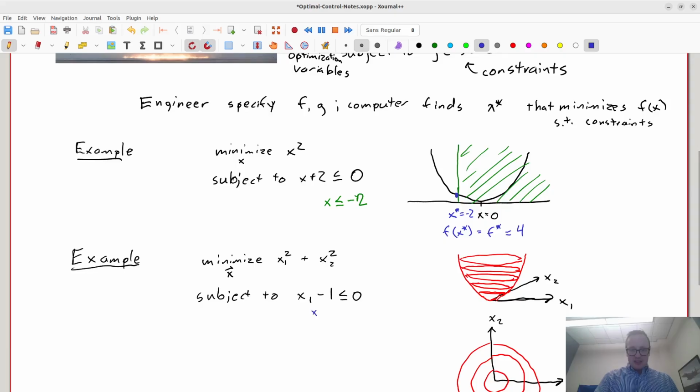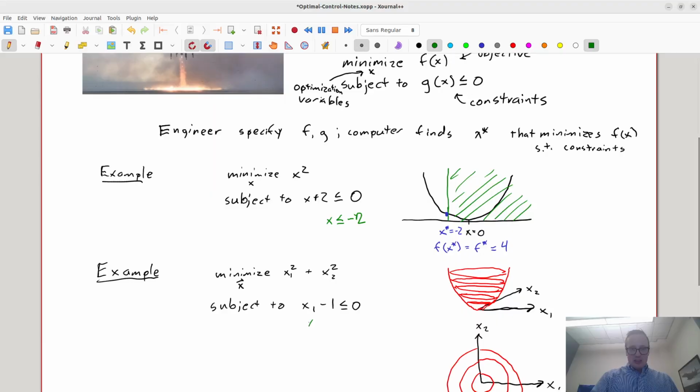You can rewrite this as, let me do it in green just because it was in green on the other one, x1 is less than or equal to 1. So that's just saying that everything needs to be to the left of this region. So the optimum here for this 2D case, we can actually solve for analytically. If you remember, probably you covered this in your calculus class.